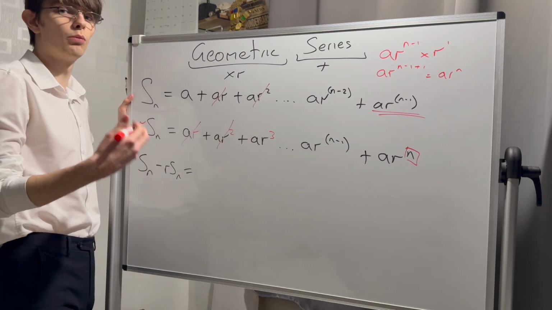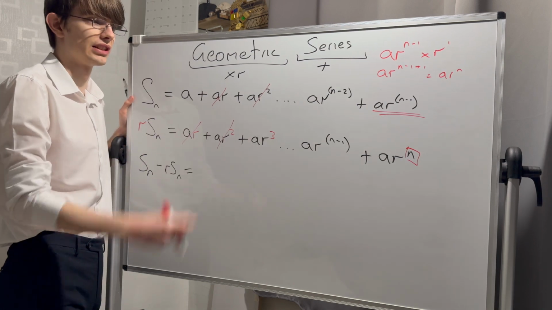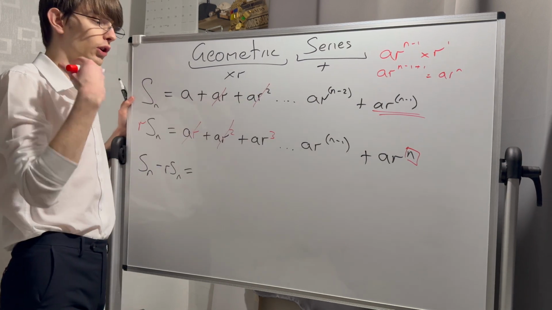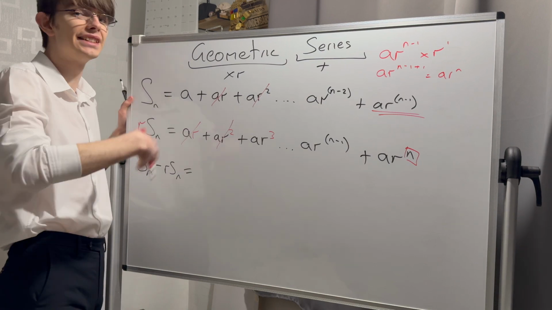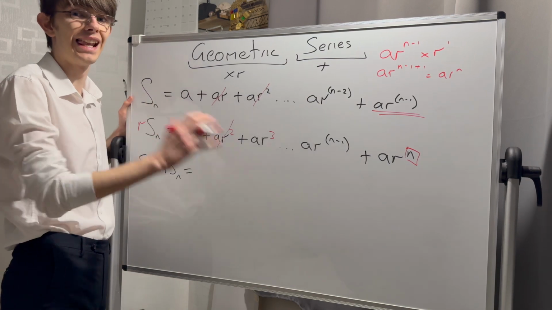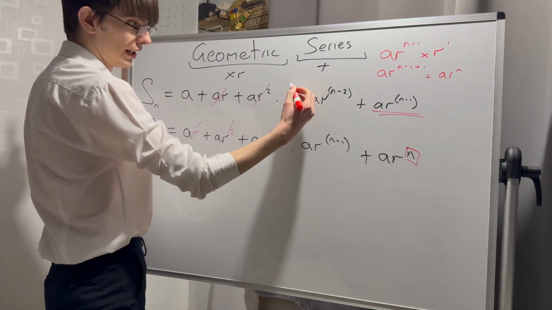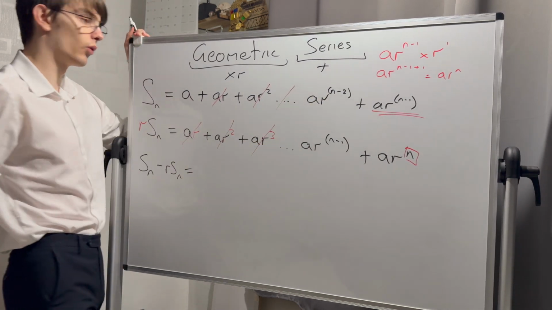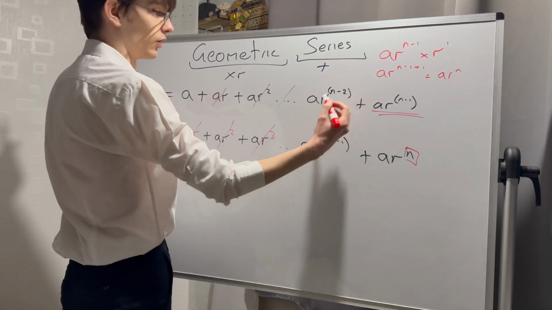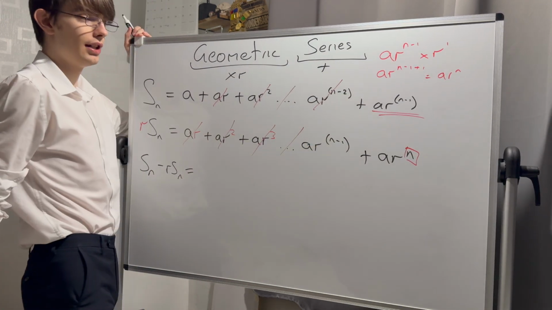And this is quite often what we generally do with tricks in maths, especially with series like this. We always want to get to a point that we're cancelling a load of the nonsense and just being left with some key bits. Okay, now I haven't got it written here, but there's a secret ar cubed in the middle of all that. There's also a secret ar to the n minus 1 somewhere in here.